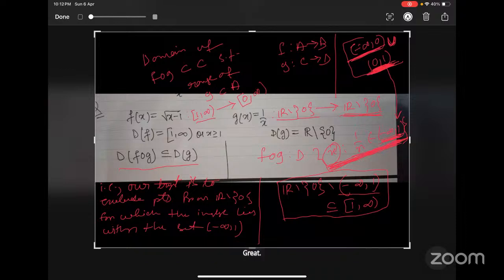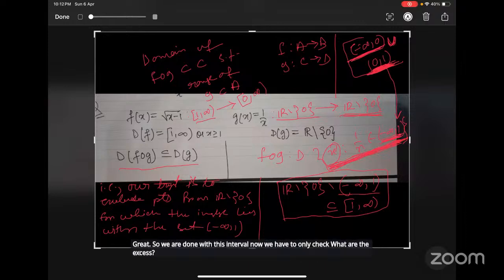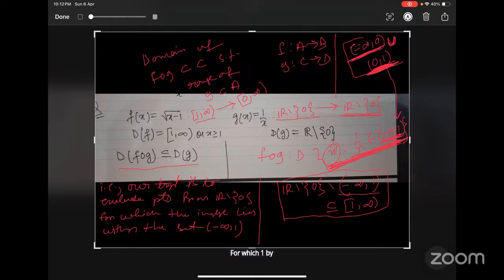So we are done with this interval. Now we only have to check what are the x's for which 1 by x is inside this set, 0 to 1. Is it clear now? If you have any doubt, you can ask. Is the target clear?